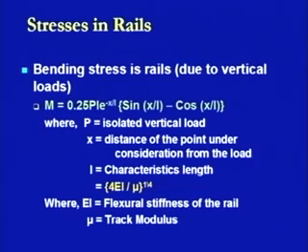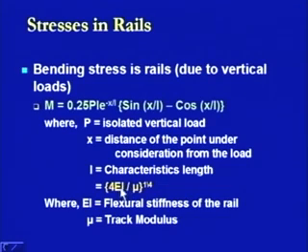L is defined as the characteristic length, and this characteristic length is given by another formula, that is the fourth root of 4 E I divided by mu. Here this is I, it is not L, and this E I combined is defined as the flexural stiffness of the rail, where E is the modulus of elasticity and I is the moment of inertia of that rail section.